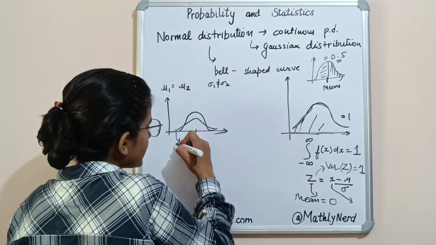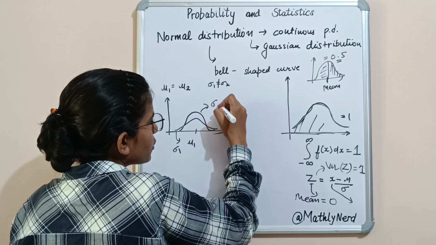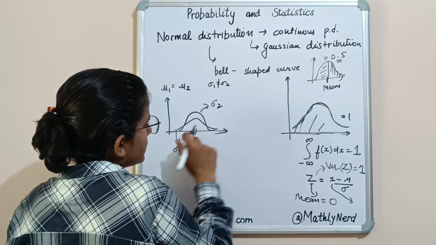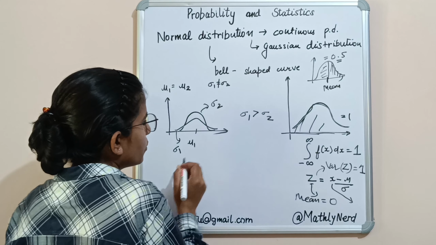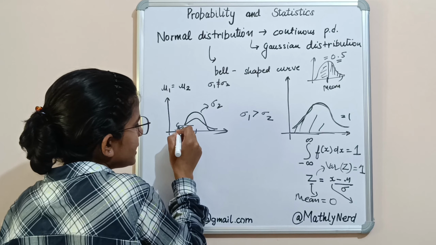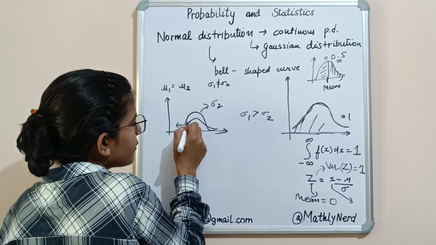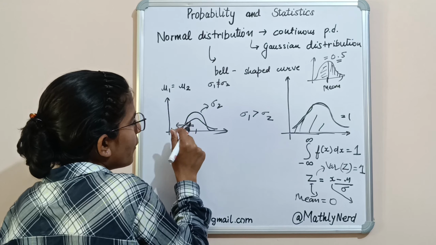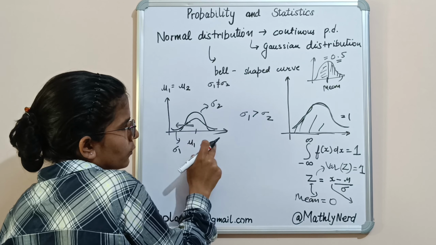So if this is for sigma 1 and this is for sigma 2, then sigma 1 is greater than sigma 2, because standard deviation is deviation from the mean, and this graph is going farther apart from the mean value.